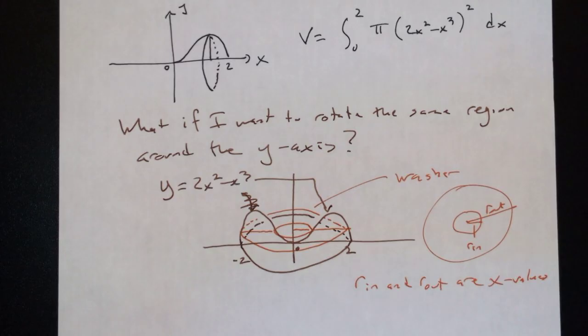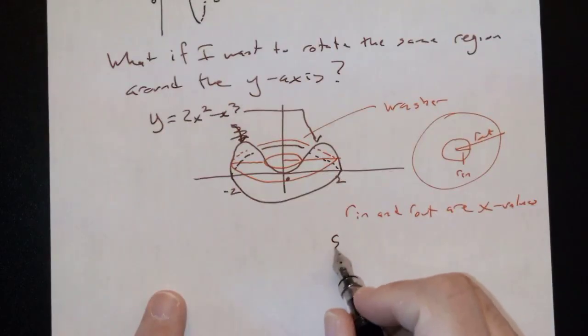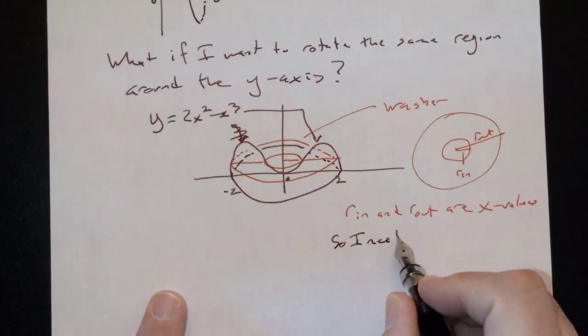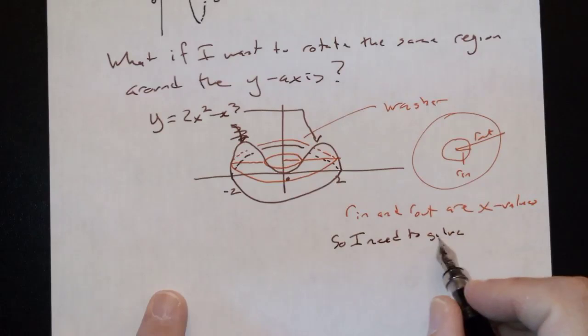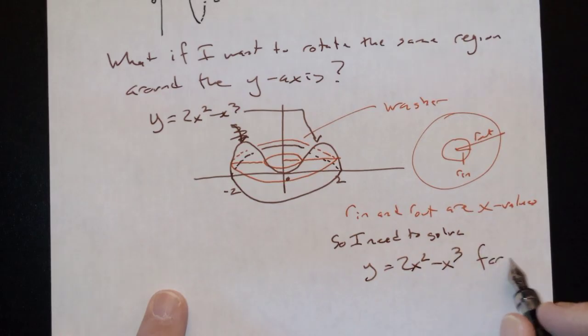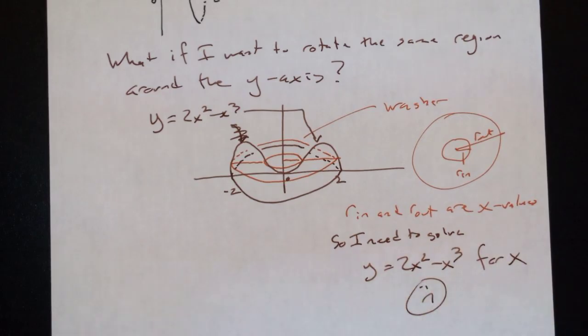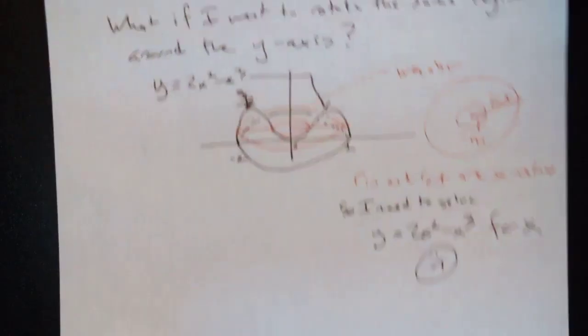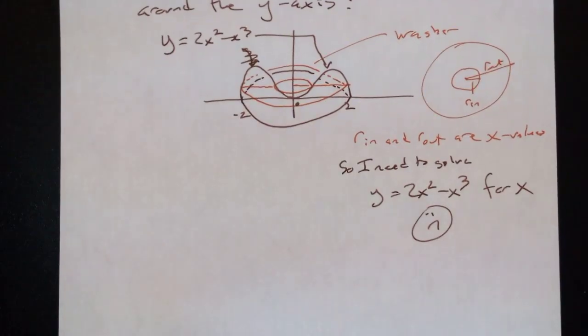If I want those R in and R out as x values, means I need to take this equation and write it x equals. Again, there is a way to solve cubic equations like this. I don't know it. I don't have it memorized. So I can't do that.